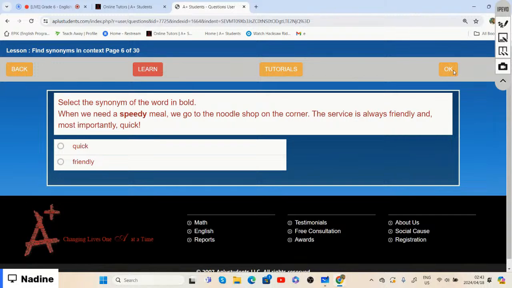When we need a speedy meal, we go to the noodle shop on the corner. The service is always friendly and most importantly, quick. So speedy.